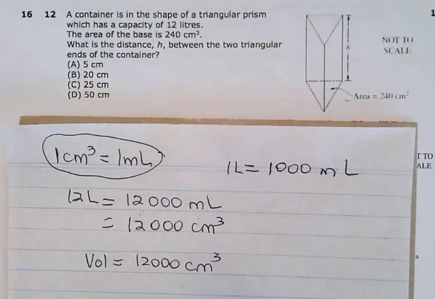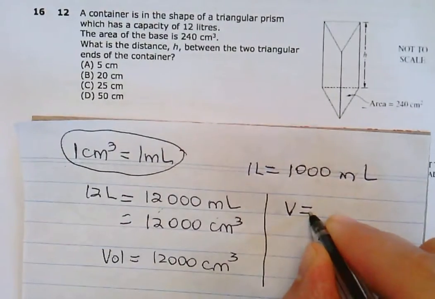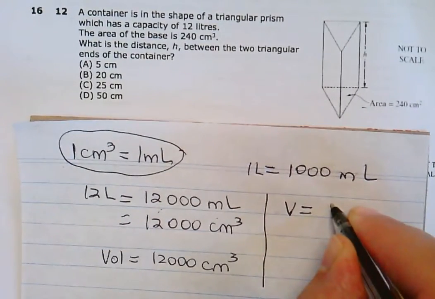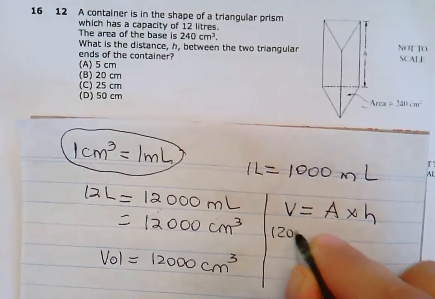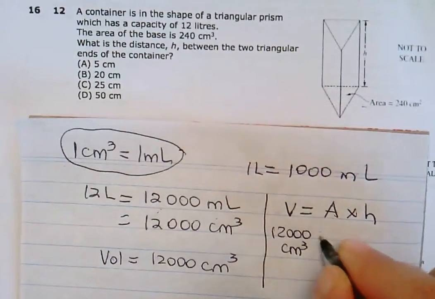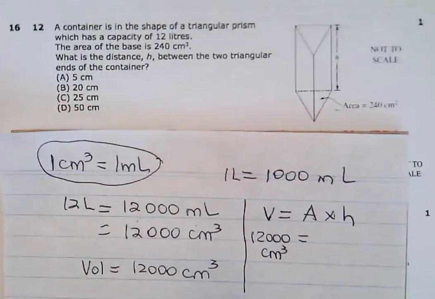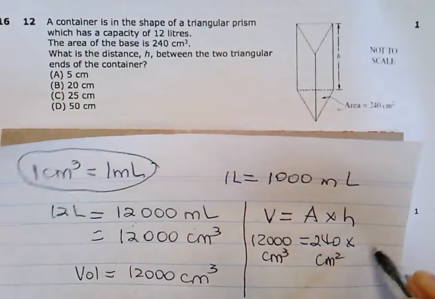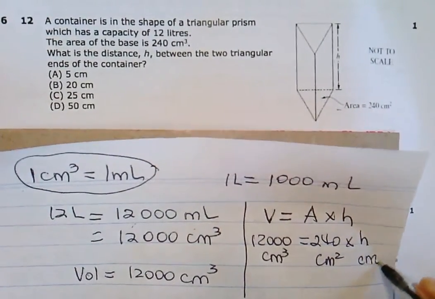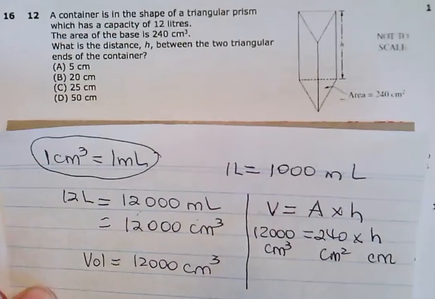Why did I go into those units? The volume of a prism is, anyone? Area of the base times the height. I know the volume. It's 12,000 centimetres cubed. The area of the base is what? 240 centimetres squared times my height will be in centimetres. Can you see how we're going?